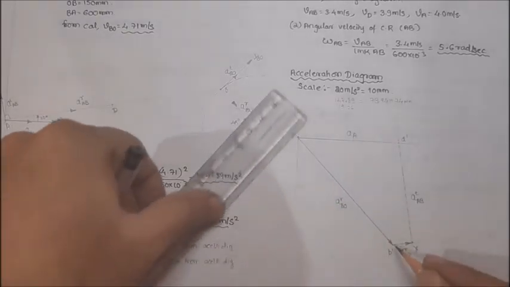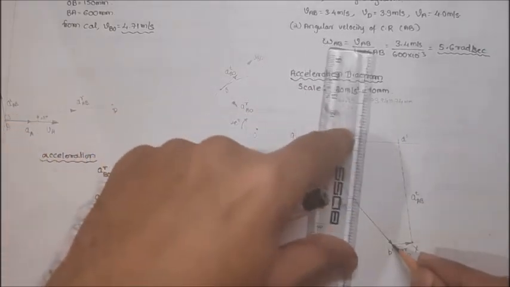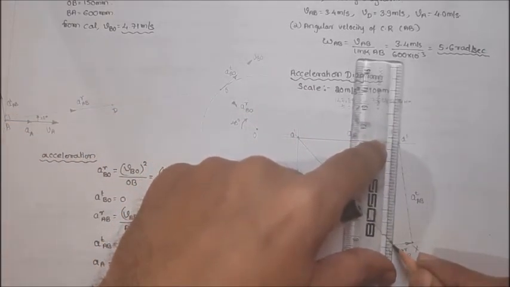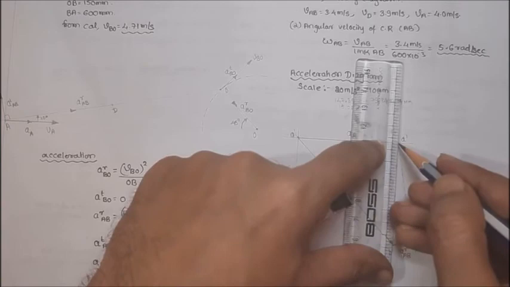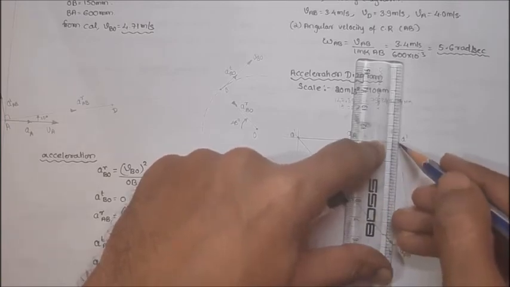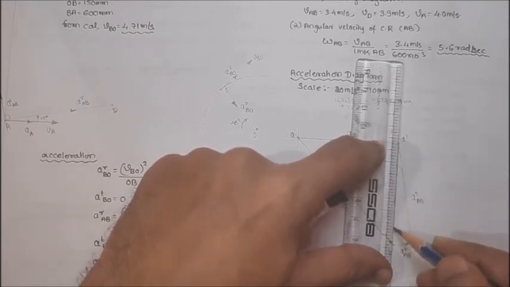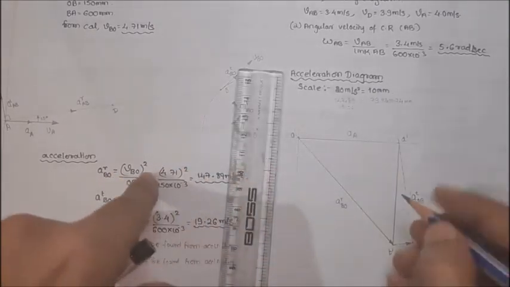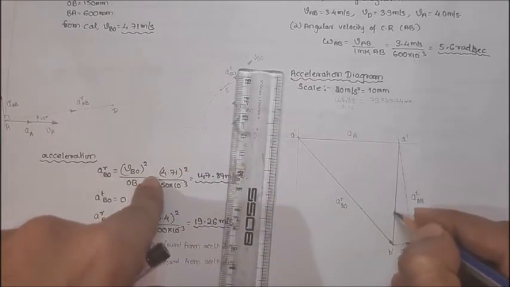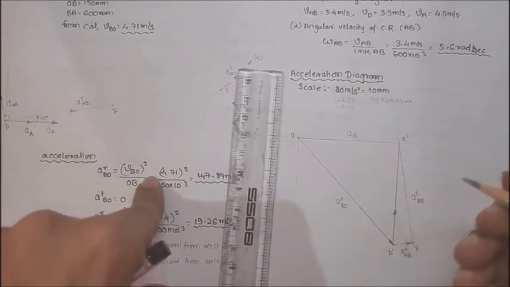Okay. Now the resultant acceleration of AB, we get by joining X and B dash, and it will be upward.